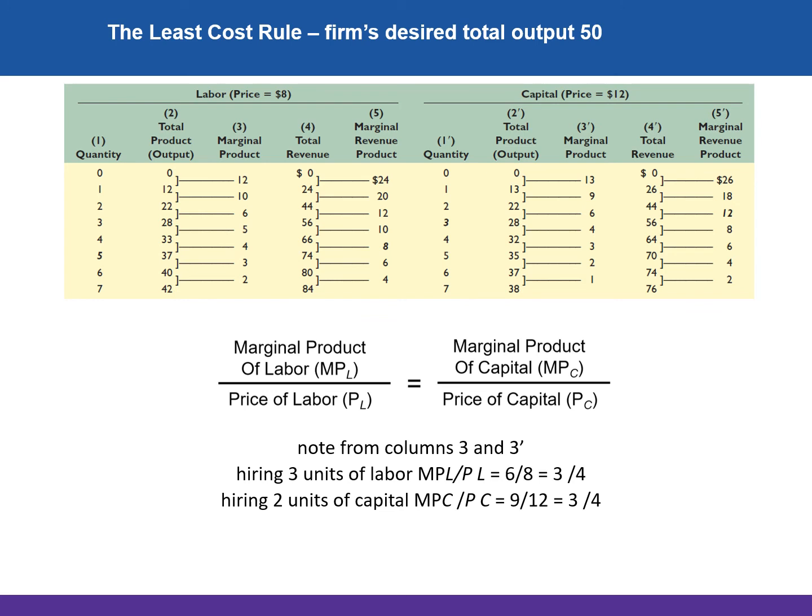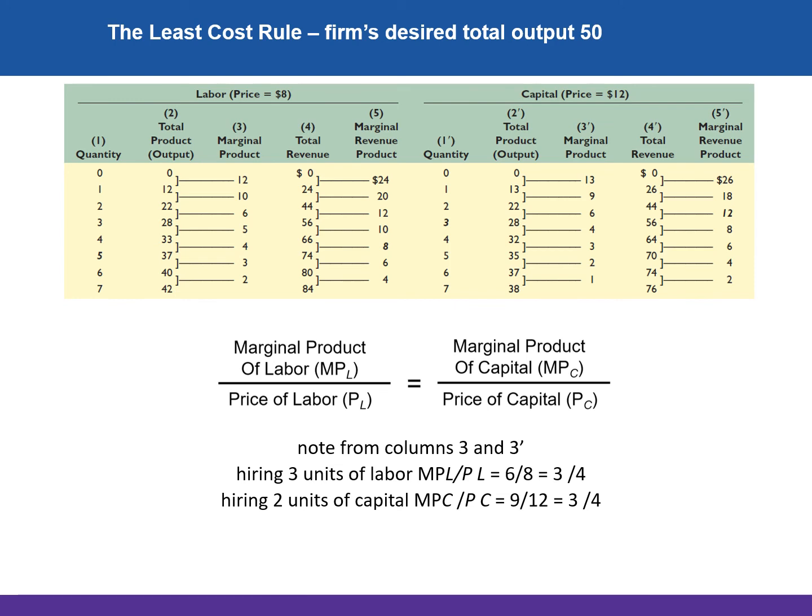So this firm could produce 50 units of output by hiring 5 workers and using 1 machine or 1 unit of capital input, and also achieve a level of output of 50. However, that would not minimize the cost.